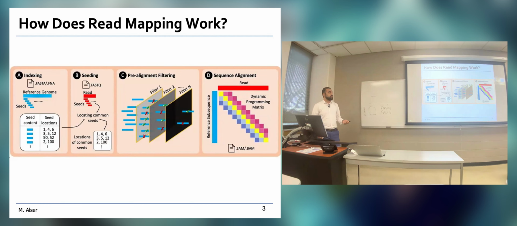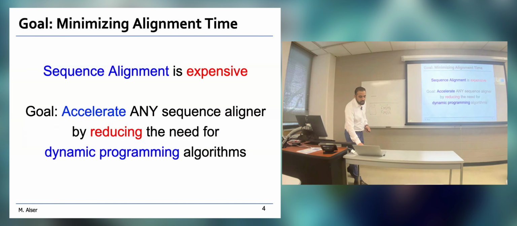However, until today, sequence alignment is a very expensive step, and our goal is to optimize it. One way to optimize it, which we discussed a lot, is to reduce the number of dynamic programming cells. But there is another way, which is to reduce the need for dynamic programming in the first place.